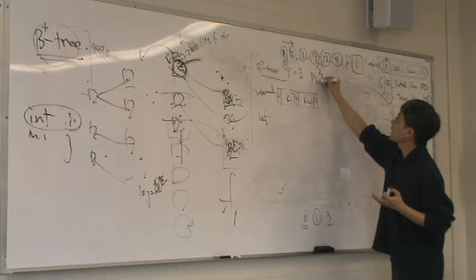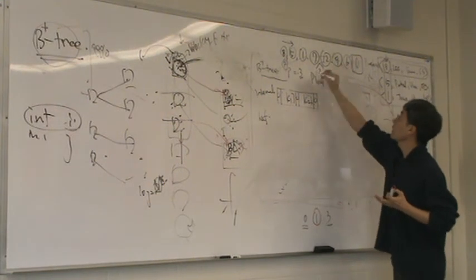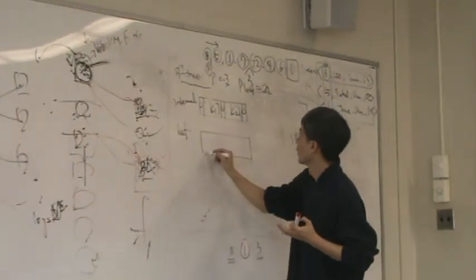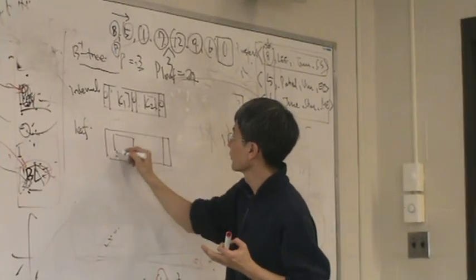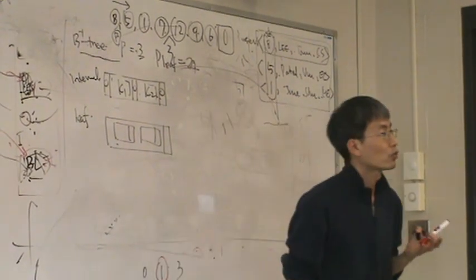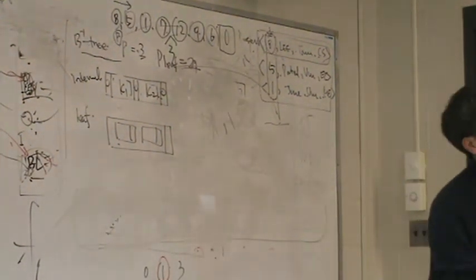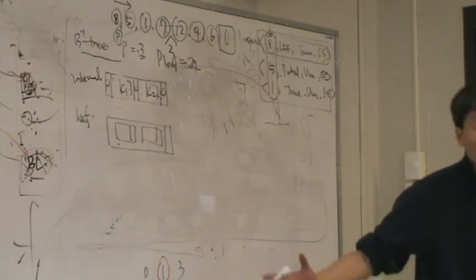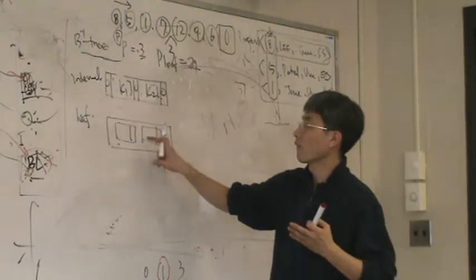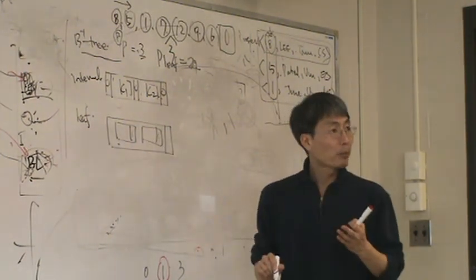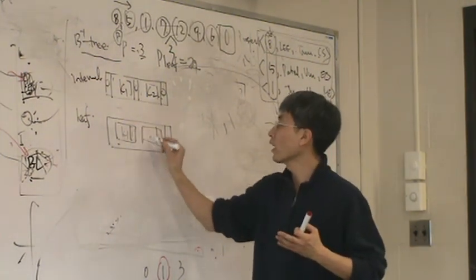Leaf node, there is a P leaf, that is P minus 1. In this case 2. Leaf node does not need children pointer because it's a terminal node, the last one, without any children. So we don't need this one for leaf node. Instead, we need data pointer, key entry, K1, K2.